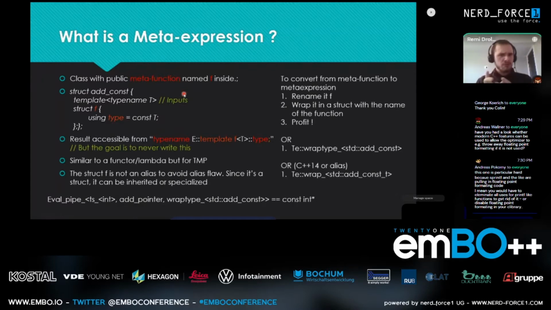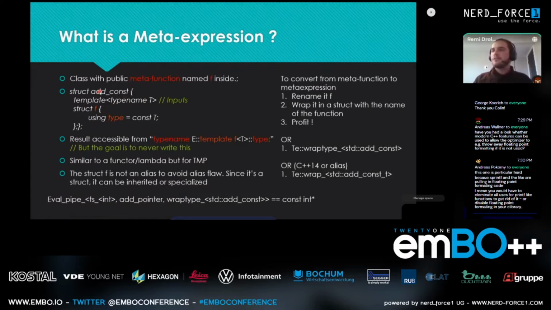Mine is a little bit different. A meta expression is just a class that contains a meta function named f. Yeah, I use the same f. If Odin or Chiel want me to name it something else, I'll do it. Not a big deal, but as long as it's the same name everywhere, I can use it.